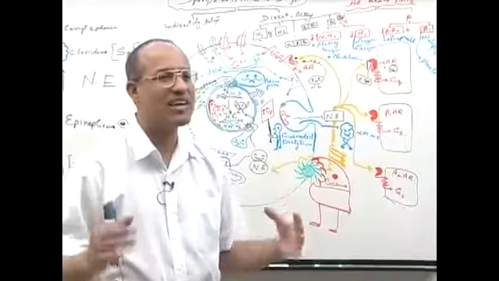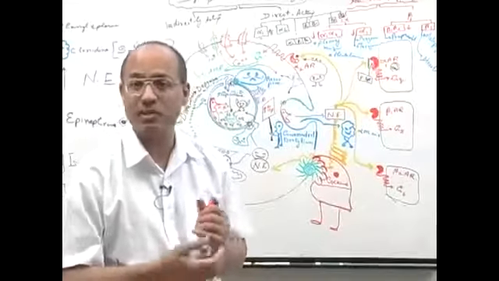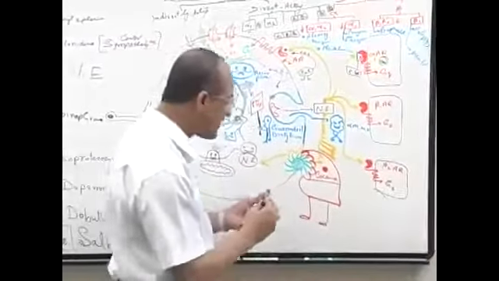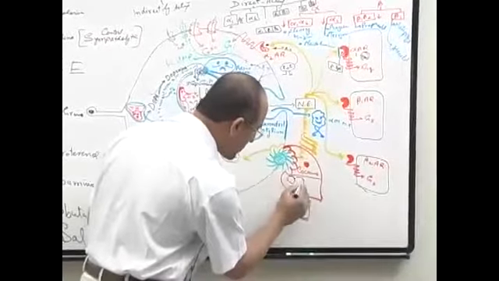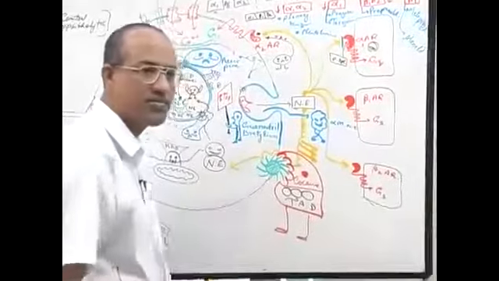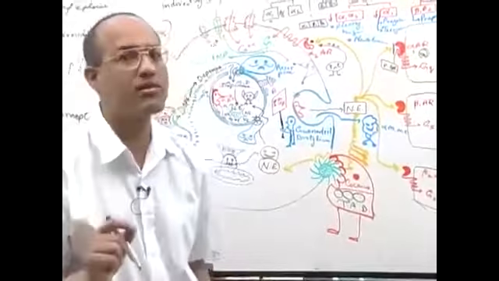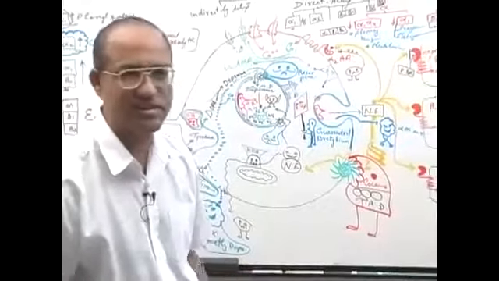Have you heard of tricyclic antidepressants? This is what tricyclic antidepressants are doing. They bind with reuptake 1, but not as strongly as cocaine because they are not cocaines.